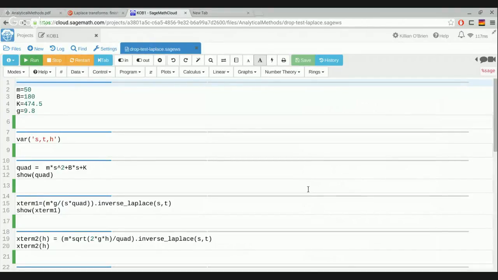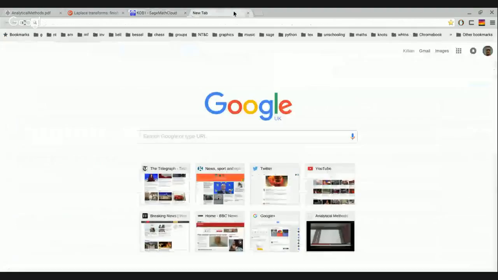So I've prepared a little worksheet here in Sage to take the inverse transforms and to look at the solution. But you can do something very similar in MATLAB.